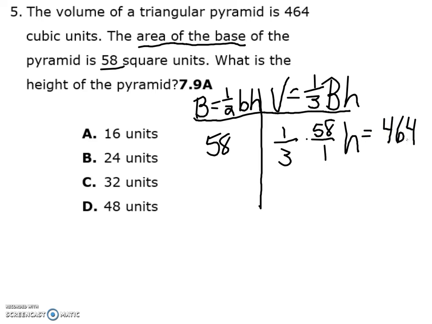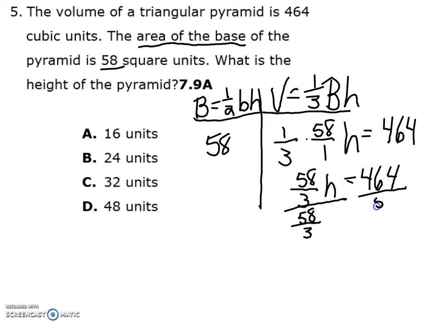All right, unfortunately, 58 and 3 do not simplify. So top times top, bottom times bottom. Well, we have to get rid of the 58 thirds, so we're going to divide both sides by 58 thirds. Remember, this will cancel out.